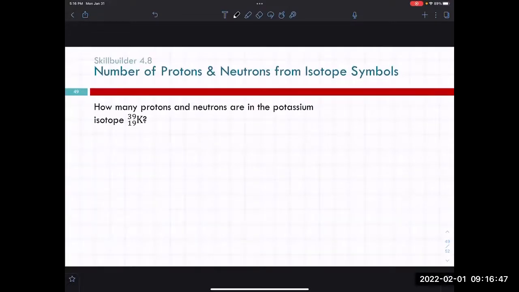So for this potassium isotope, how many protons does it have? Yeah, the number to the bottom left is the atomic number, so 19. 19 protons is the number of protons and the atomic number.